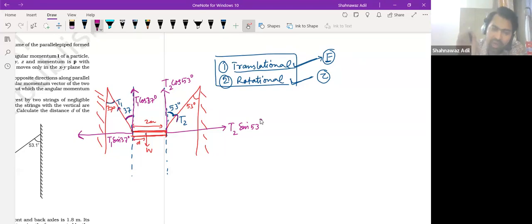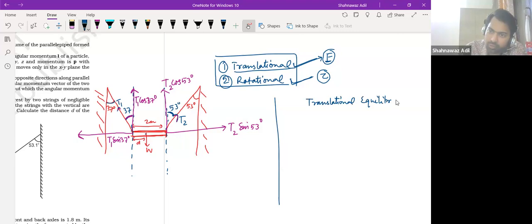And now we want to calculate the translation. So let us write the translation. So first would be the horizontal equilibrium. Whatever force is acting in the right direction is balanced by the left one.